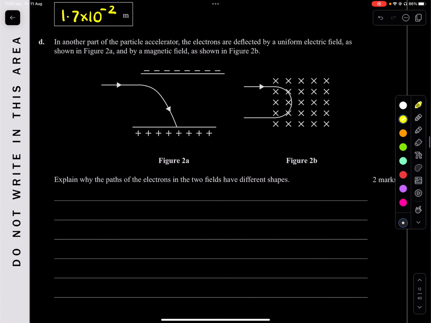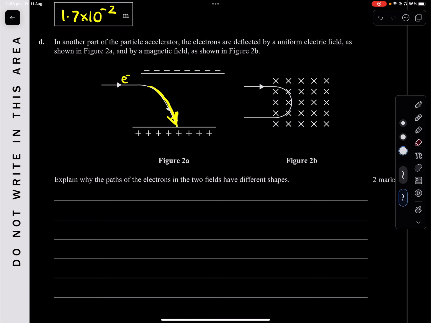Next question. In another part of the particle accelerator, the electrons are deflected by a uniform electric field as shown in figure 2a, and by a magnetic field as shown in figure 2b. Explain why the paths of the electron in the two fields have different shapes. Well, remember that this is an electron and it's going to be deflected straight away to the positive, so it's going to be attracted to it.